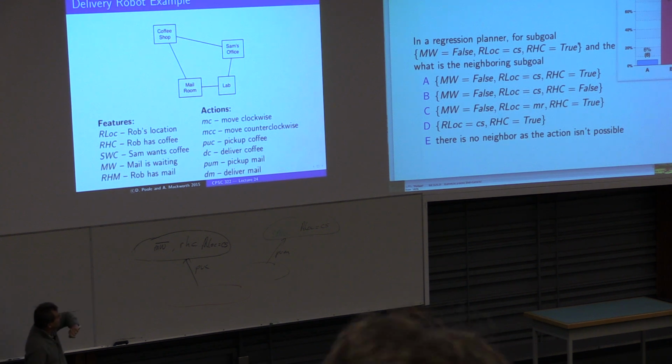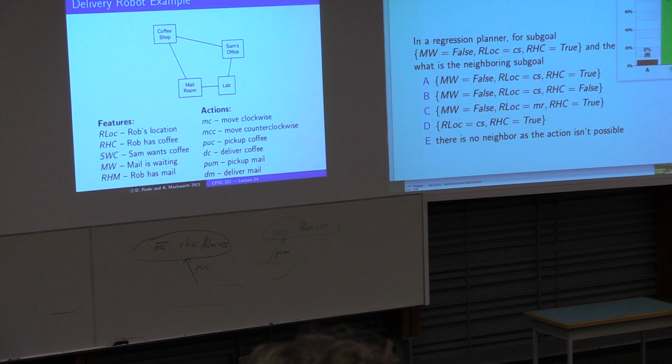Picking up coffee, we chose to have coffee is false. The location is the coffee shop, because we had to be in the coffee shop, mail waiting. Okay, B is the answer in here. Did the 10 people who got it wrong have any questions?